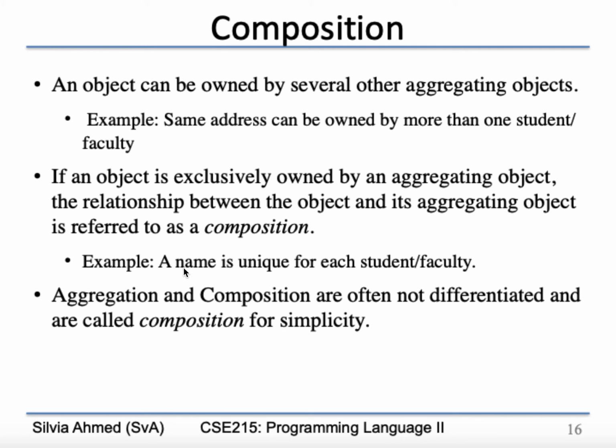For example, a name is unique for each student or faculty. Aggregation and composition usually are not differentiated. So in our next communications, we will simply call both of them composition. So in total, a composition will depict an ownership relationship for our discussion.